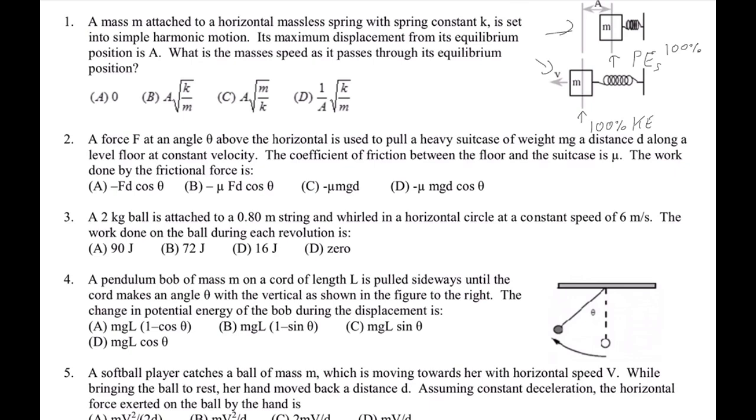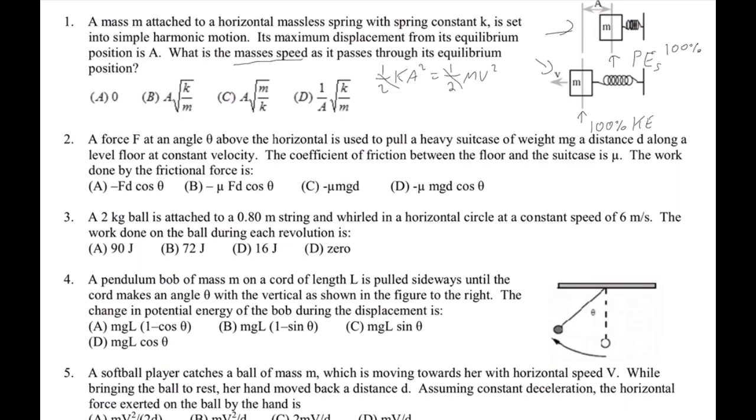So we'll know that 1/2 Ka squared is equal to 1/2 mv squared. And we're trying to find the mass's speed, which means all we have to do here is just solve for velocity. So that 1/2 cancels out.